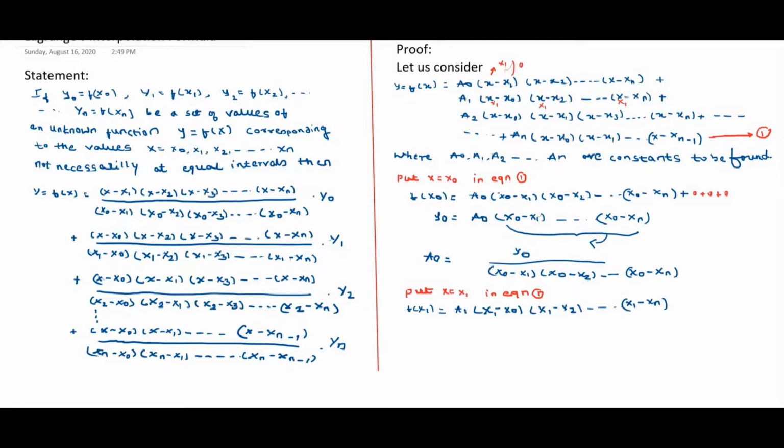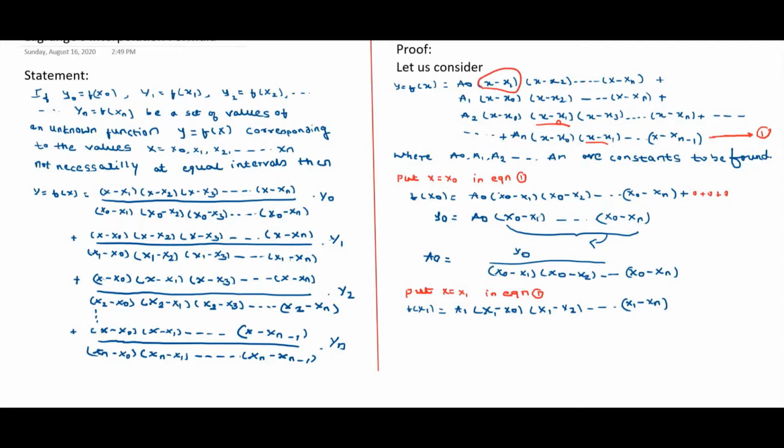Similarly, if you substitute the value for x1 in the third term, the second factor is x minus x1. So if you put x is equal to x1, this value is equal to 0. Similarly, each bracket has x minus x1 except the second term. I will mark it by circle.